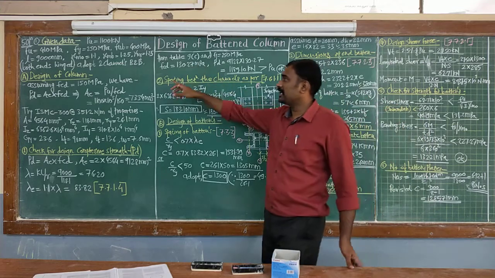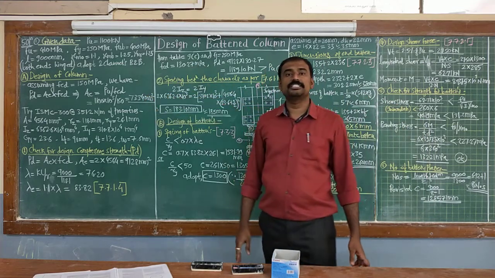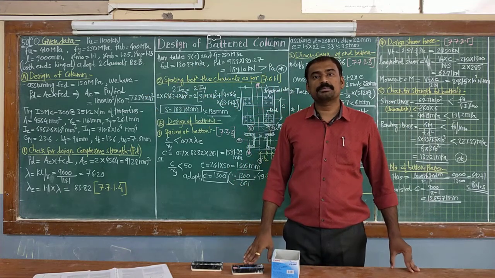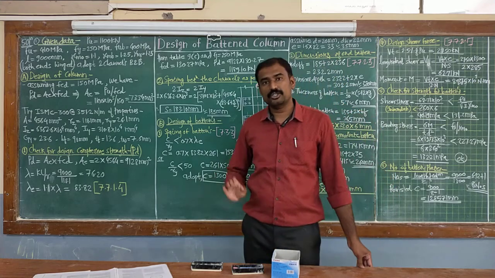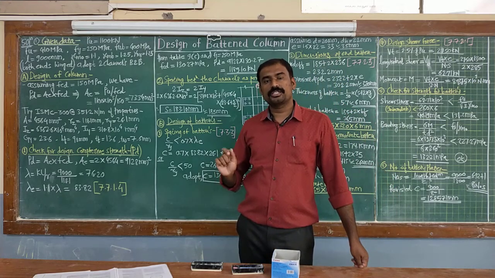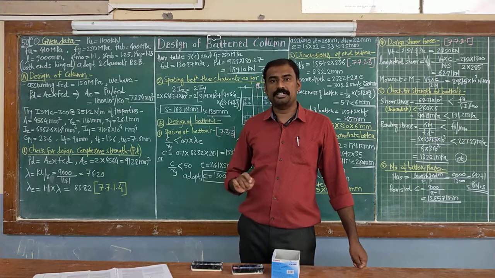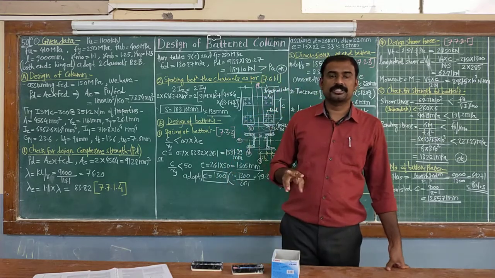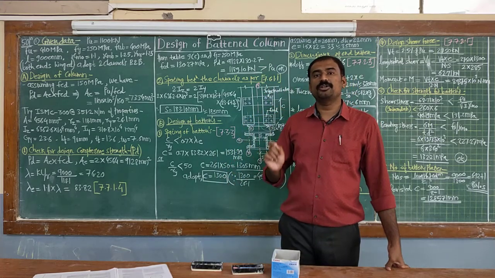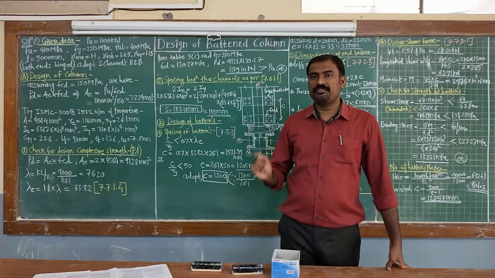So as per the given data, initially step number 1 now, that is design of column. Usually for built-up sections we are designing the column by assuming design compressive strength FCD value, and usually for double sections or built-up sections we are assuming that value in the range of 120 to 150 MPa.